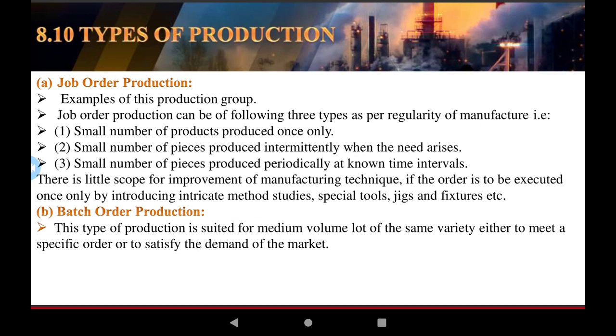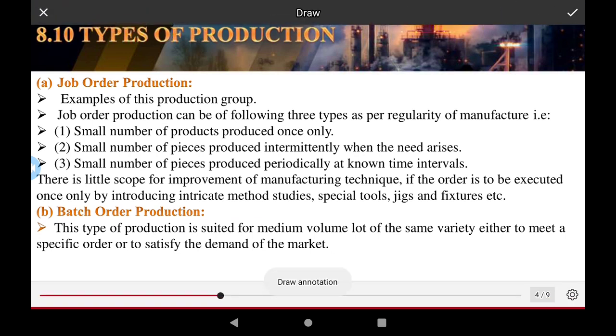Job order production can be of the following three types of regularity for the manufacturing system. A small number of products produced only once. A small number of pieces produced indeterminately, when the need arises.